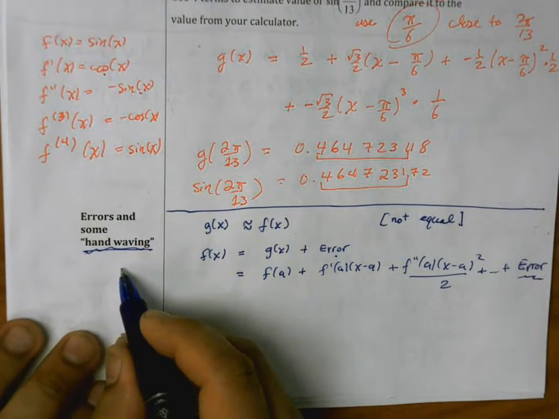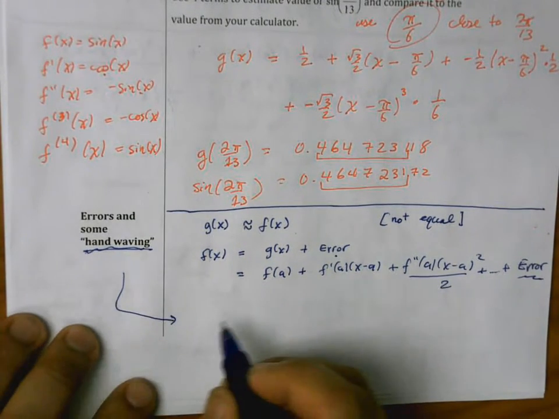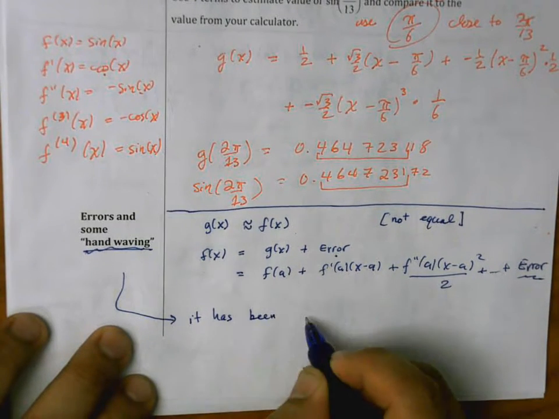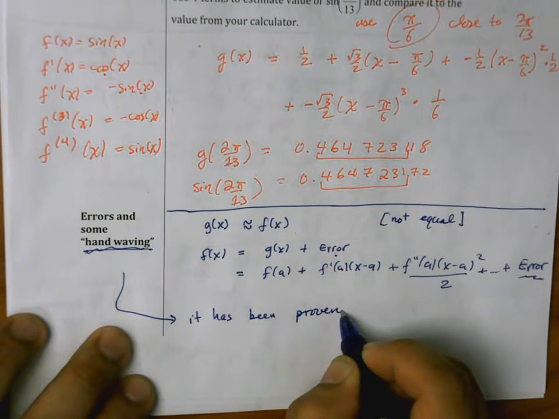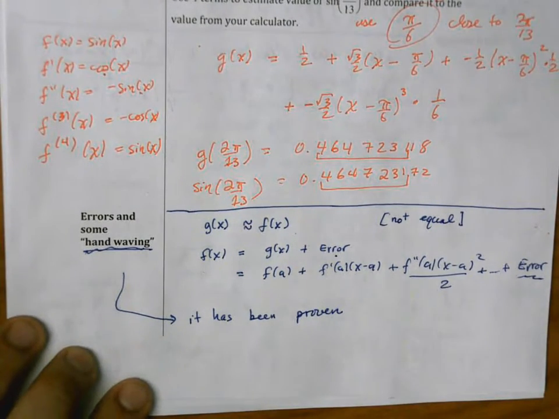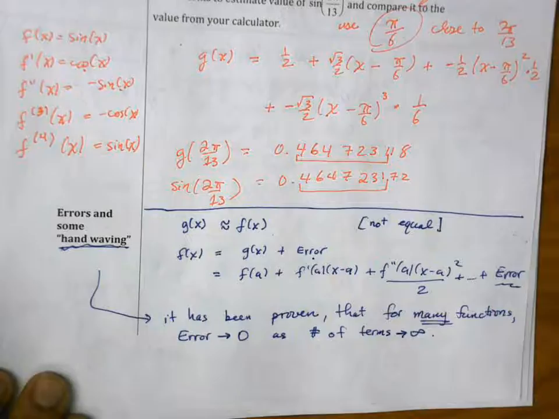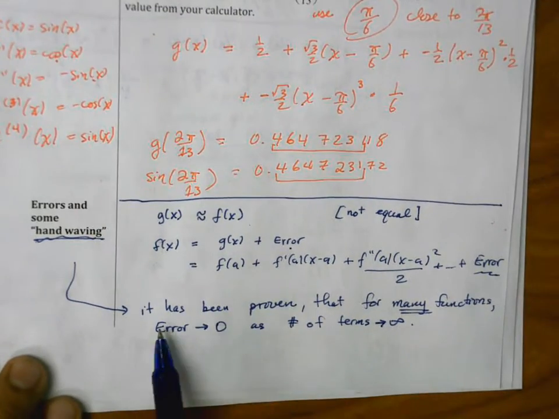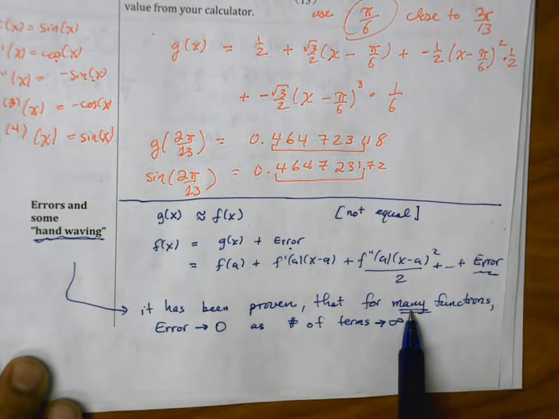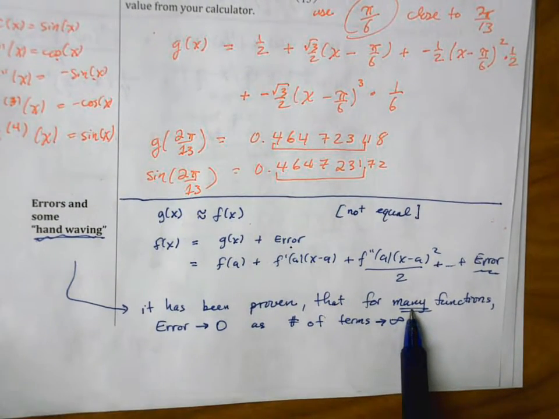The hand waving part says that it has been proven that for many functions, the error will approach 0 as the number of terms approaches infinity. I emphasize many here because you can't do this with every function.